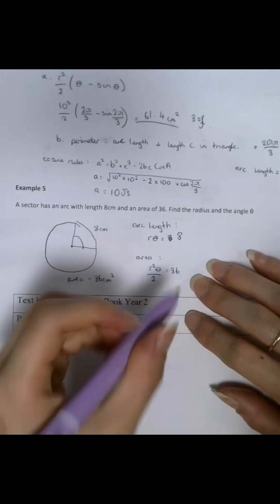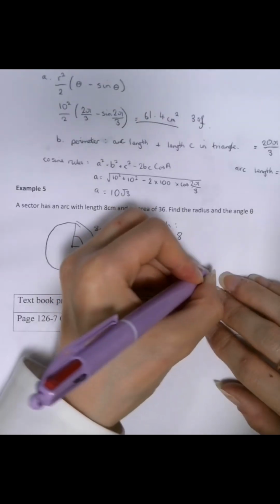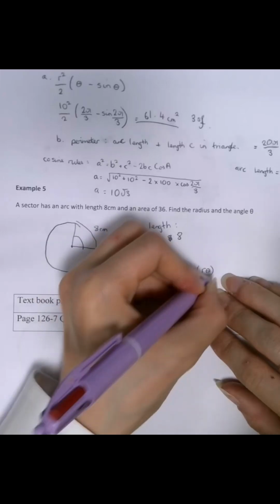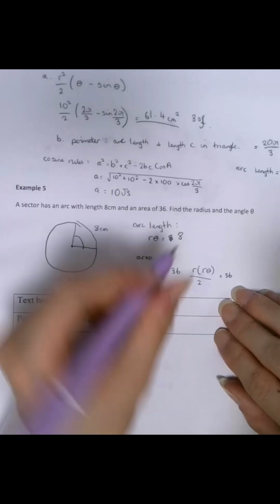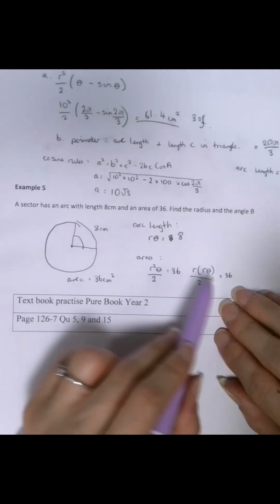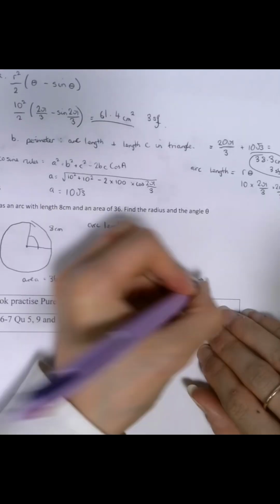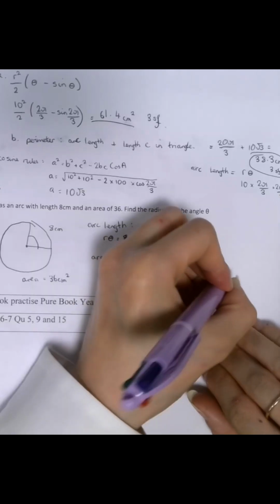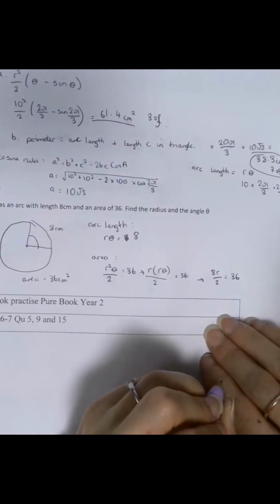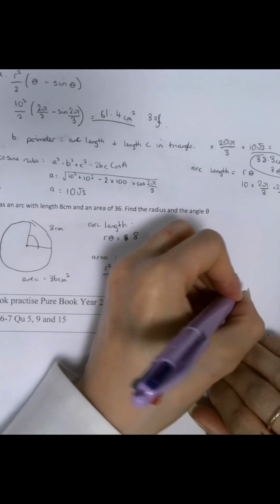What I would do here is separate this out and say it's r times r theta over 2 is 36. Then I can replace the r theta with 8. So that becomes 8r over 2 is 36, and then 8r is 72.